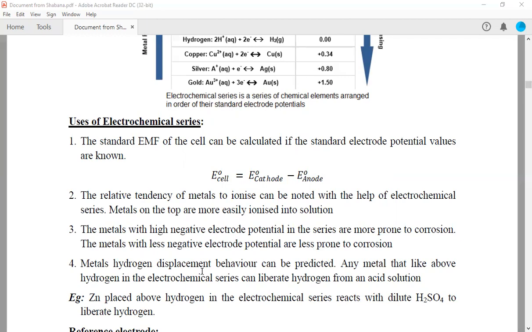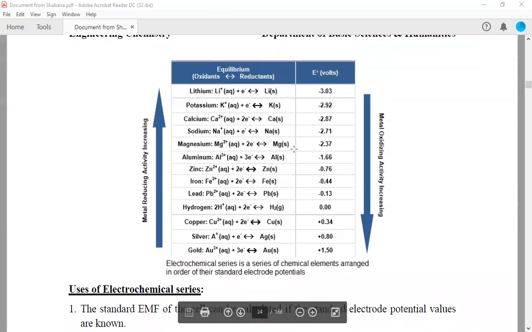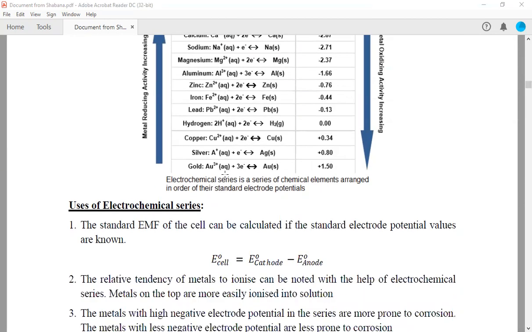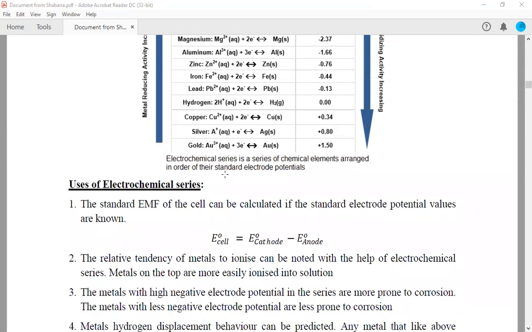Coming to the third use, the metal with a high negative electrode potential in the series. That means the metals which are present above the hydrogen have a high negative electrode potential. Those are more prone to corrosion because they undergo oxidation very easily.